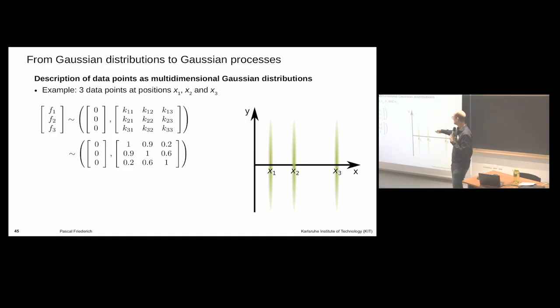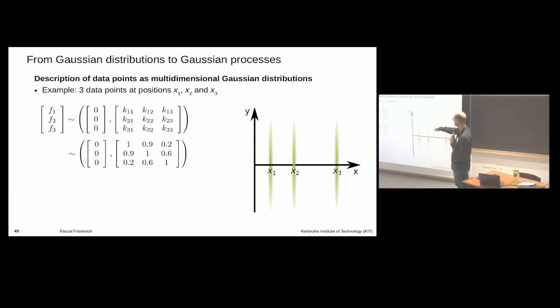So we can guess the off-diagonal elements here. We don't know anything about the expected means. We don't know anything about the expected standard deviations. But even though we didn't do any experiment yet, we know something about their correlation. We know that x1 and x2, so this off-diagonal element here, is higher because they're closer to each other than the correlation between x2 and x3.